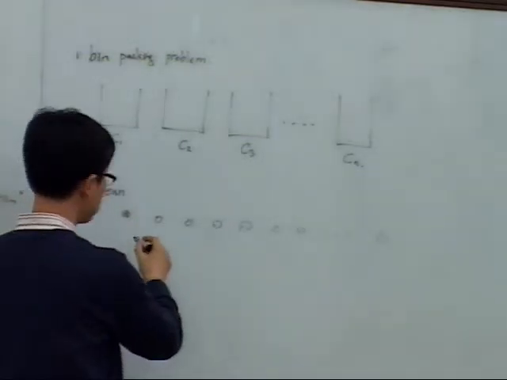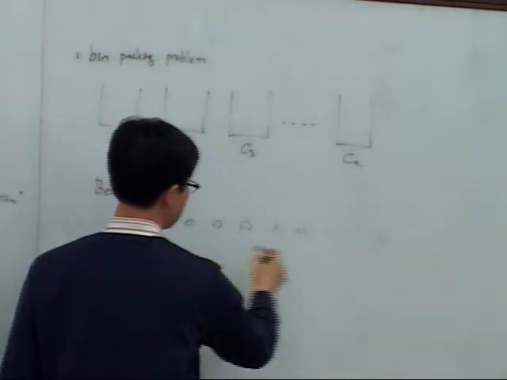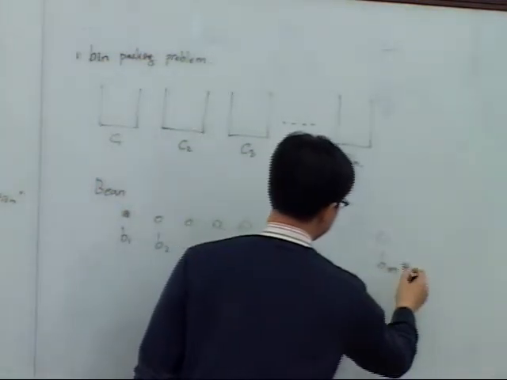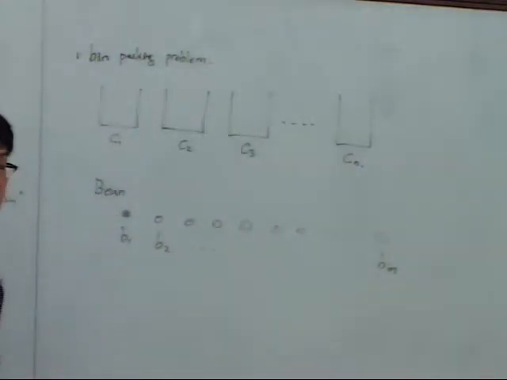So let's call these bean number 1, bean number 2, bean number m. Straightforward. And each bean has two characteristics, size and weight.